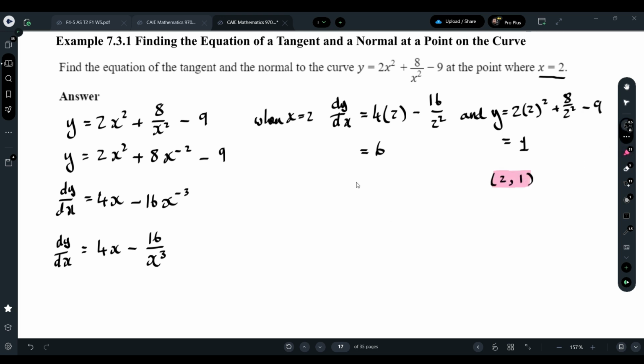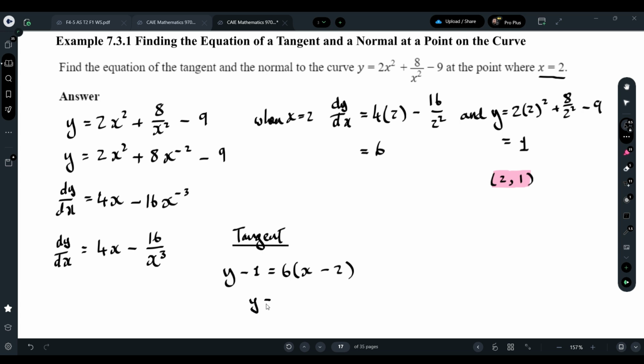Okay, now we have all the information necessary to find the equation of a tangent and the normal at this point when x equals 2. Let's start off with the equation of the tangent. Okay, now we know the gradient of the tangent and we have the coordinates it passes through. So we can simply use the technique of finding the equation of a straight line given a point it passes through and its gradient.